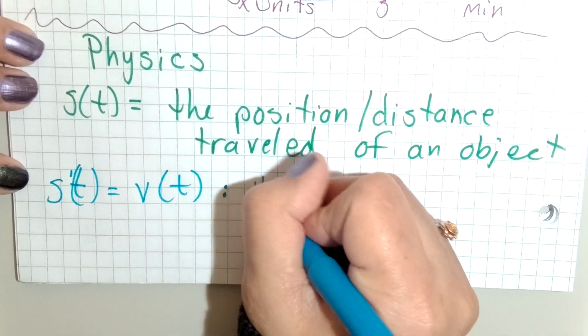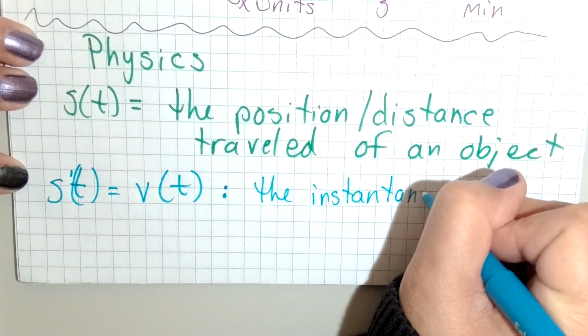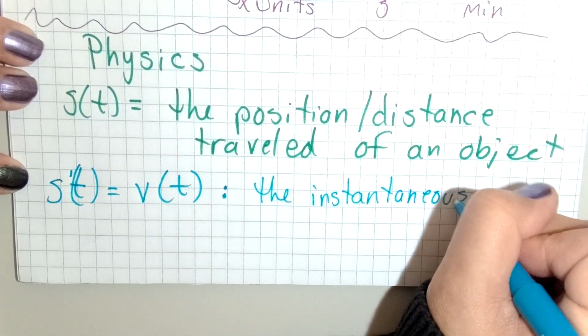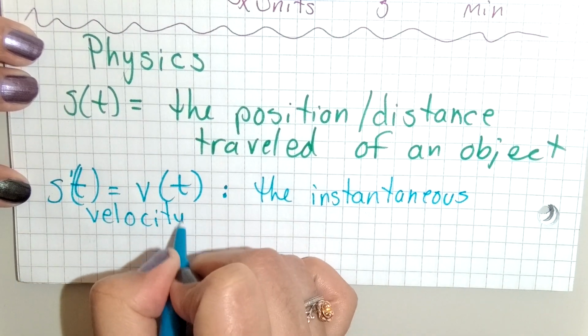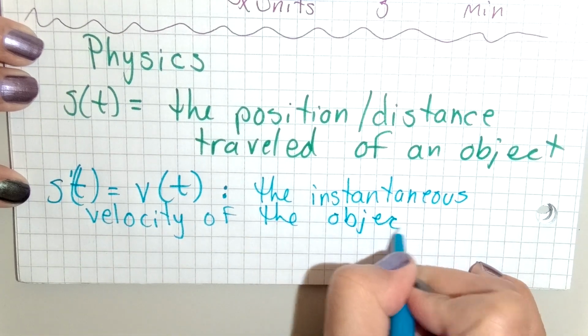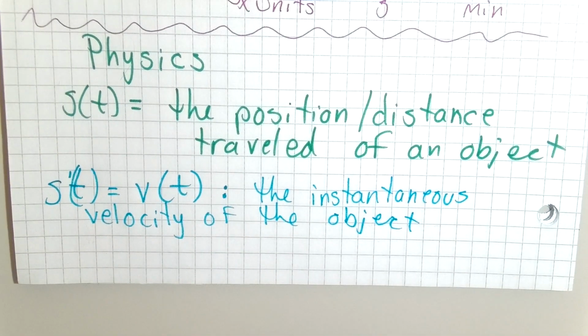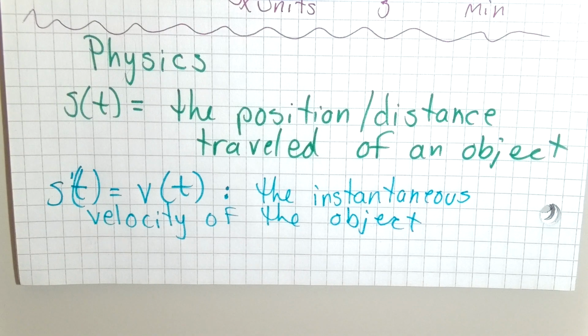This is the instantaneous velocity of the object. So the first derivative is the velocity.